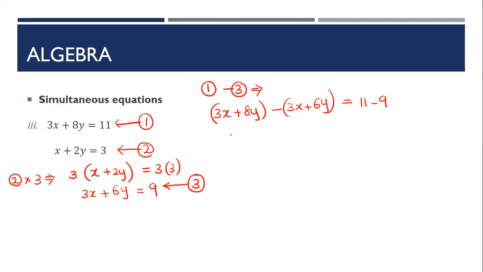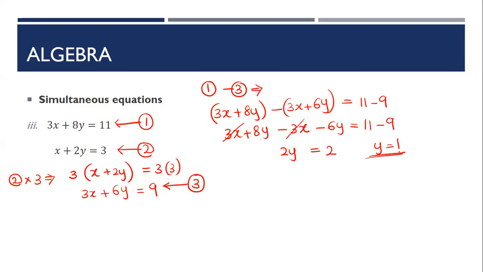So here 3x plus 8y minus 3x minus 6y is equal to 11 minus 9. So here 3x minus 3x are cancelling. 8y minus 6y is 2y. 11 minus 9 is 2. So my y value is 1.